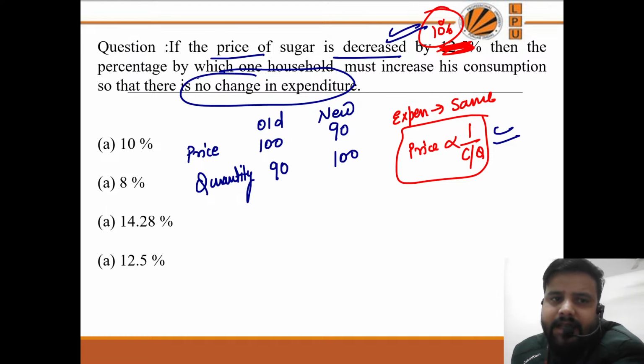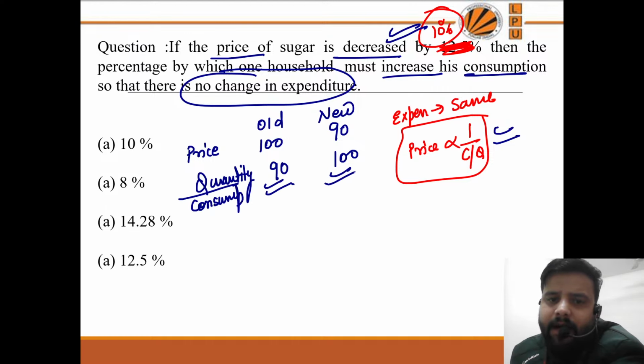Now the question is asking how much percentage increase in consumption there would be. Quantity or consumption is the same thing. Remember it. From 90 it went to 100. So how much increase is there? 10. And the increase has happened from 90, so 10 divided by 90 multiplied by 100.